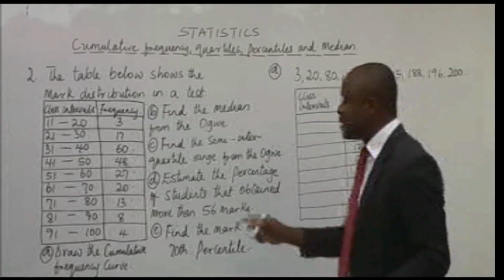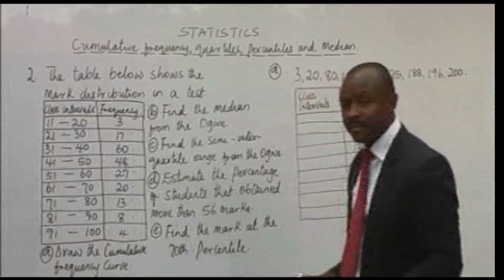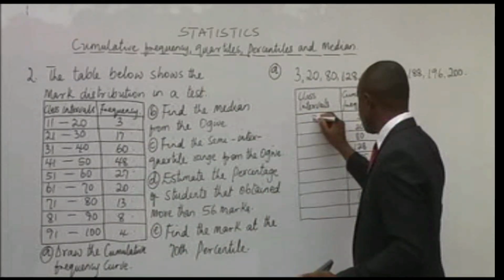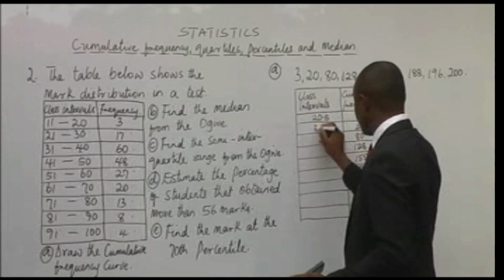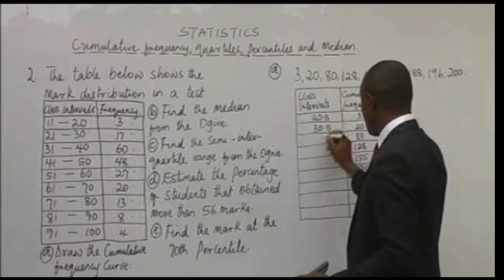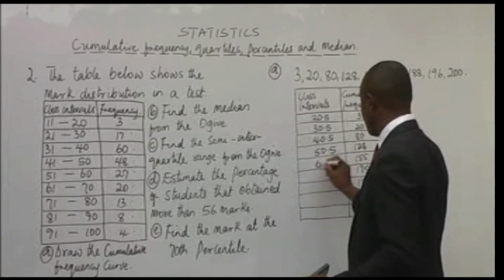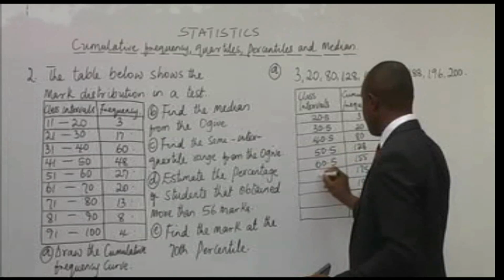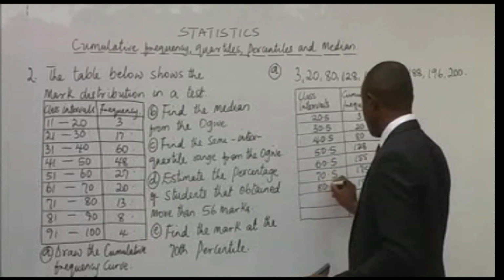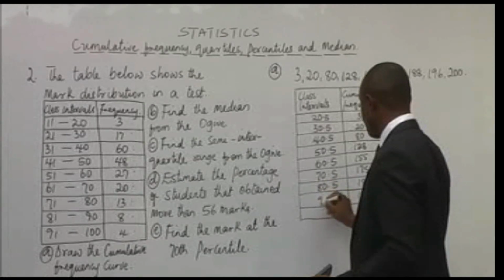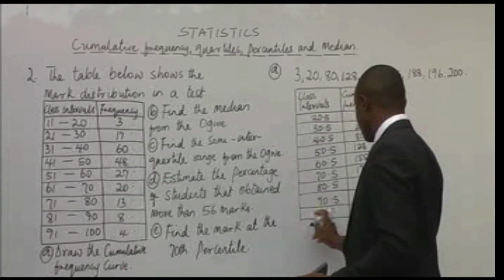So the first one is 20.5. The next will be 30.5. They will continue in that progression: 40.5, 50.5, 60.5, 70.5, 80.5, 90.5, 100.5.